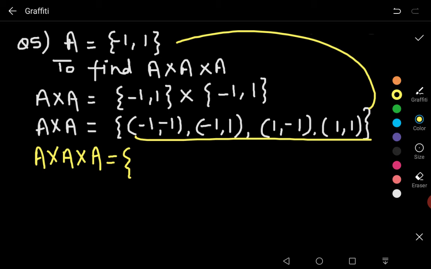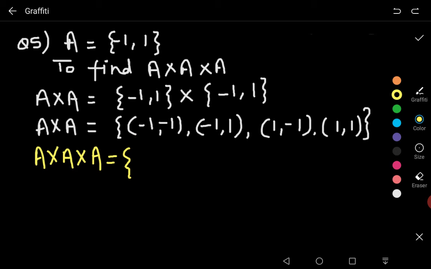So we will take -1 along with all the elements. It will be -1 comma -1, and I will take the first element of A now. So that will become a triplet, -1 comma -1 and then -1, close.